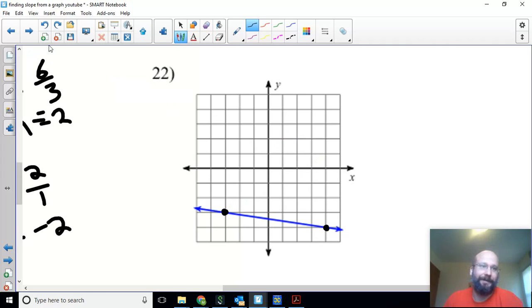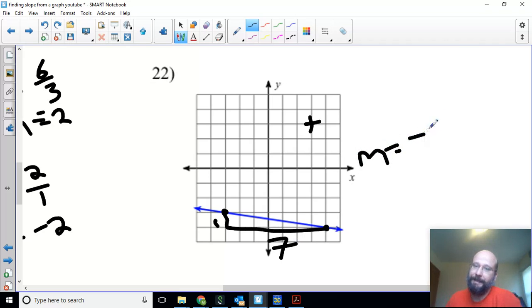Right, again, I know this gives some students issues, but just remember it has to be on an intersection where all four boxes meet in the corner. So if it's halfway on a line, that is no good. These are no good because it's halfway on a line. But those two that I picked are good, so I'm going to do my line together. I'm going to start. This is 1, right? And then start here. 1, 2, 3, 4, 5, 6, 7. So again, it's a negative slope, a negative 1 over 7.